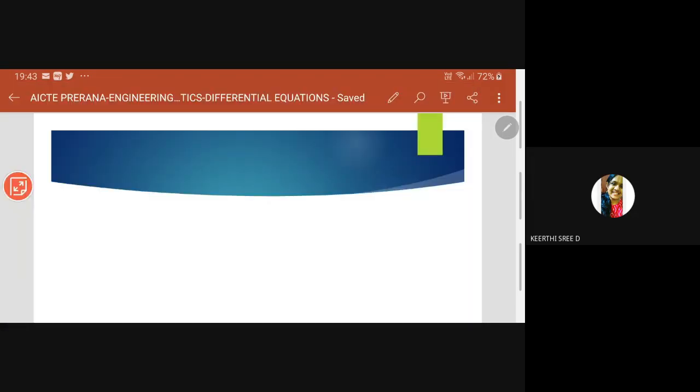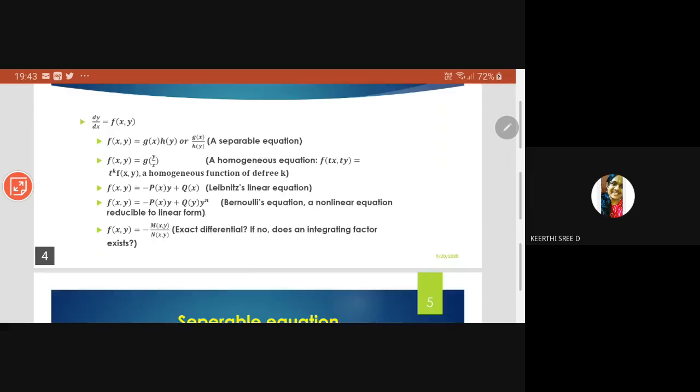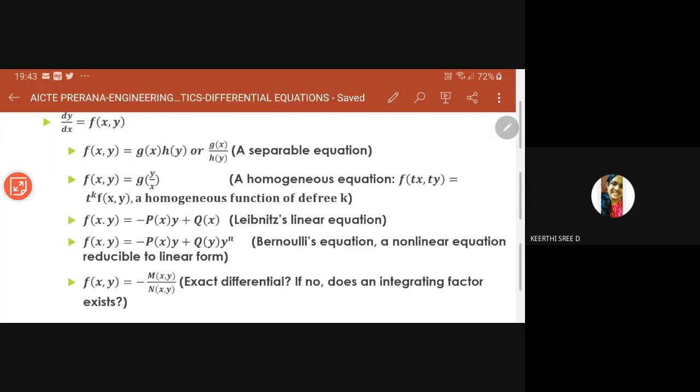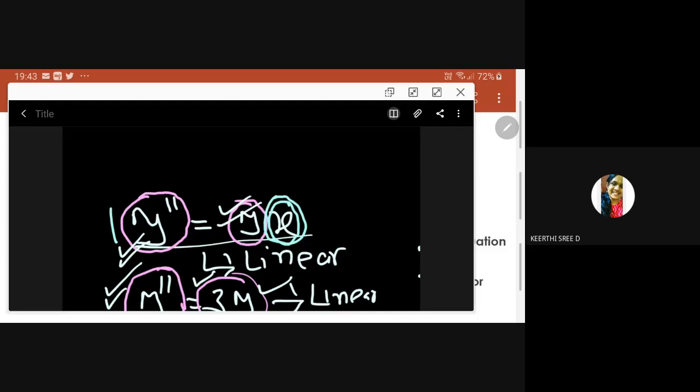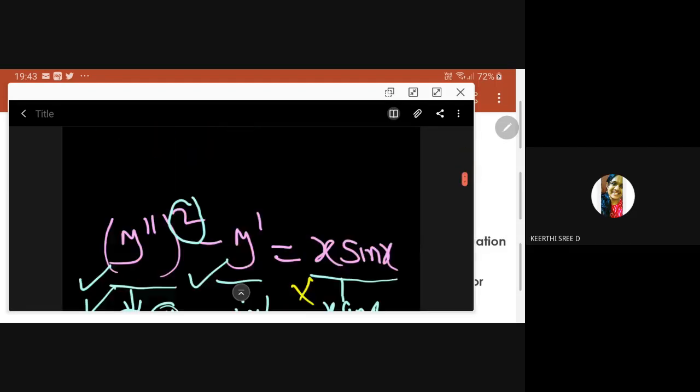Our f of x, y can be z of x into h of y, or z of x by h of y. So there are certain things. I will give a simple example here.